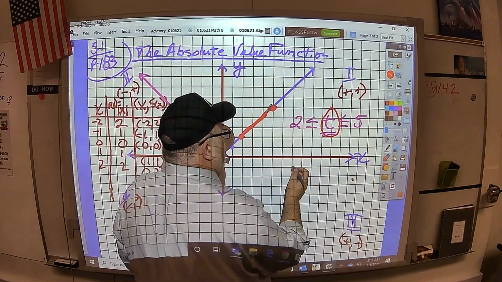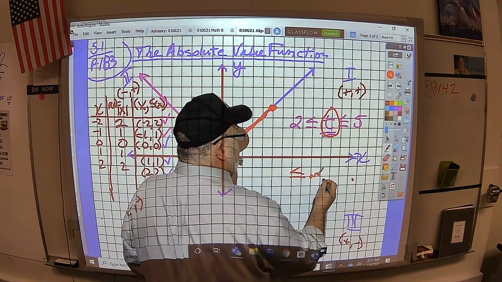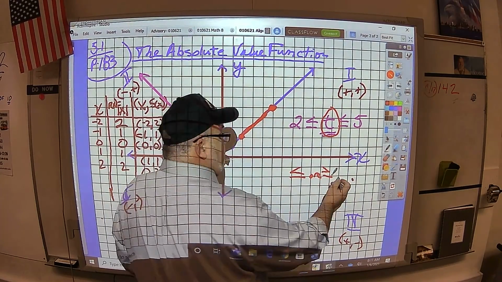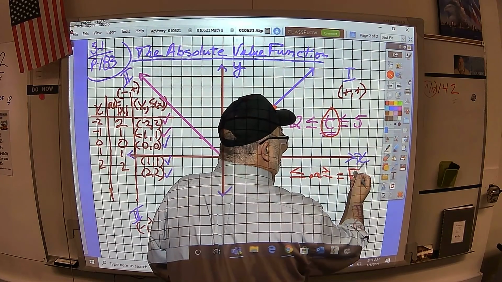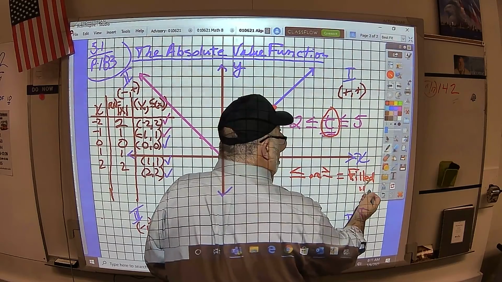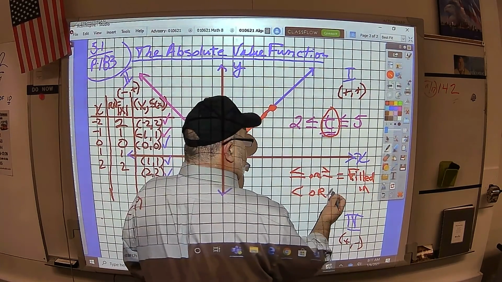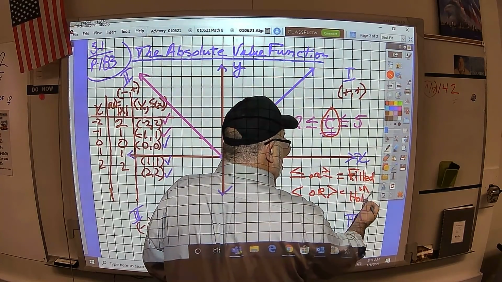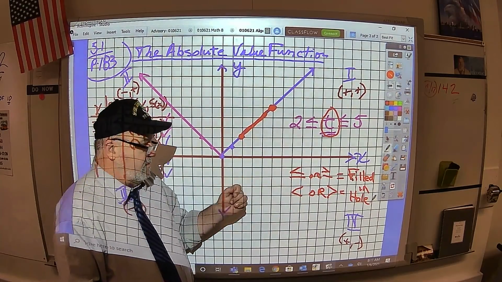Anytime I say this, then what I know to be true is that that's going to be filled in. If I say this or this, that's going to be a hole, because it can't be equal to that. So it's got to be a hole.